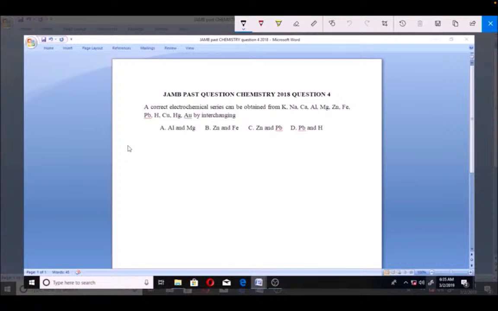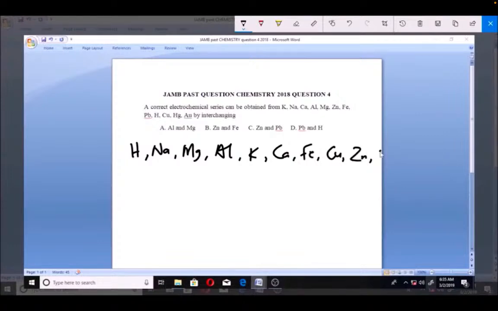We are supposed to have H, then Na, then Mg, then Al, then K, then Ca, then Fe, then Cu, then Zn, then Ag, then Au, then Hg, then Pb. So that should be the right arrangement.